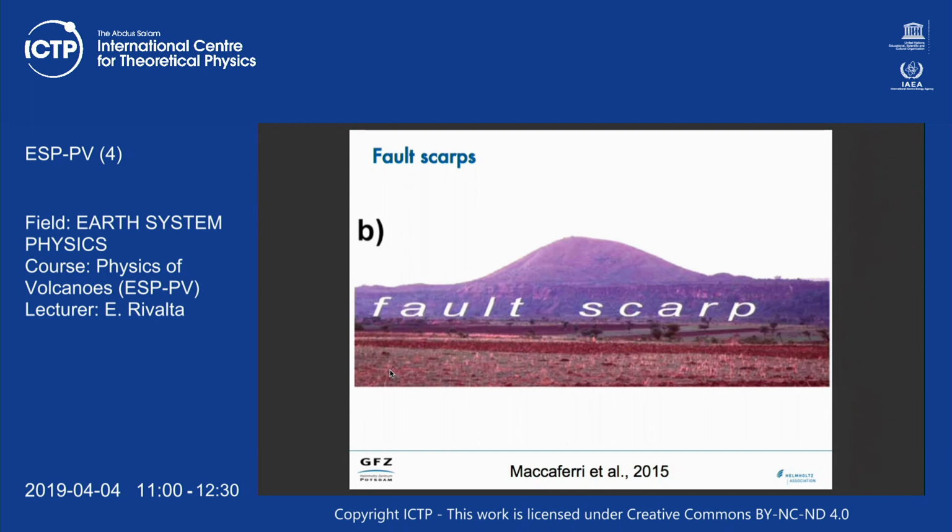Yes, but the figure, I have a photo somewhere of exactly the same thing. You go to the field, you see a fault scarp, and then you see a volcano on top of the fault scarp. So, if the magma was attracted by the fault, you would see the magma leaking below the scarp, like here where the fault is. And anyway, you have a fault scarp like this, like a big step.